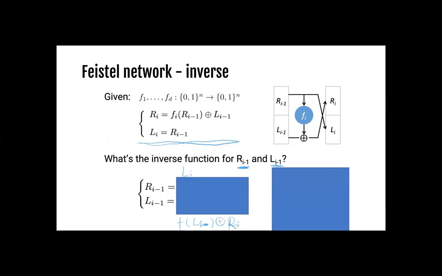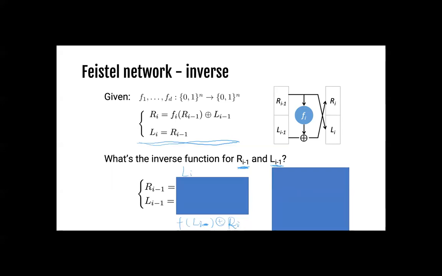Anyone else agree or disagree with Dean? Okay. Shouldn't the input to that function still be Ri minus 1? Because I don't think you can put in Li and expect to get the reverse back.